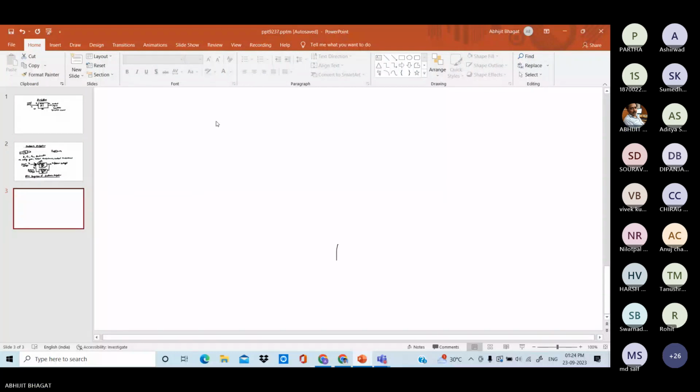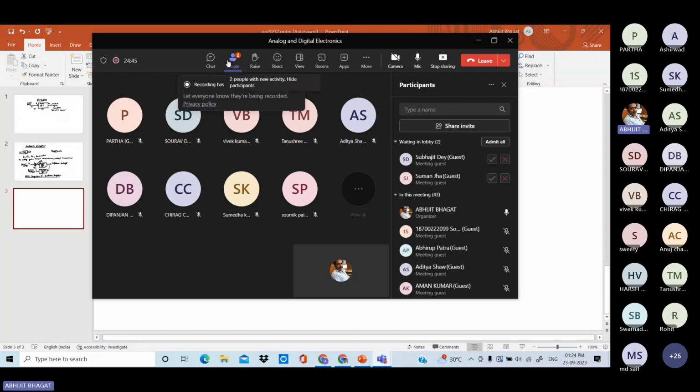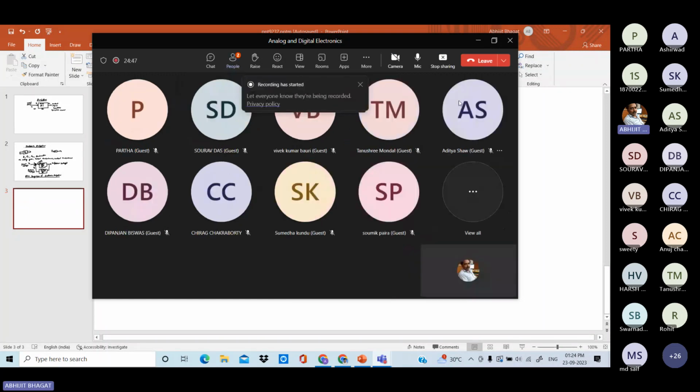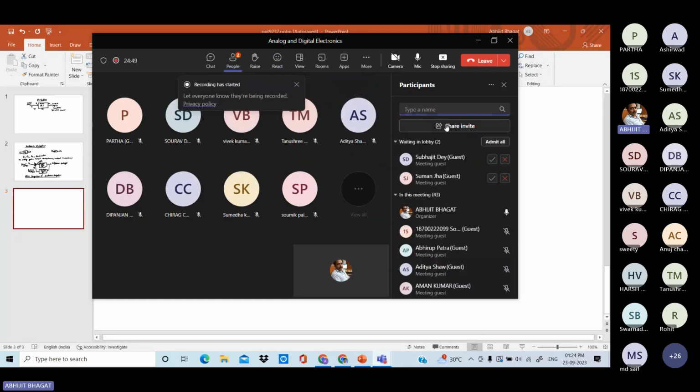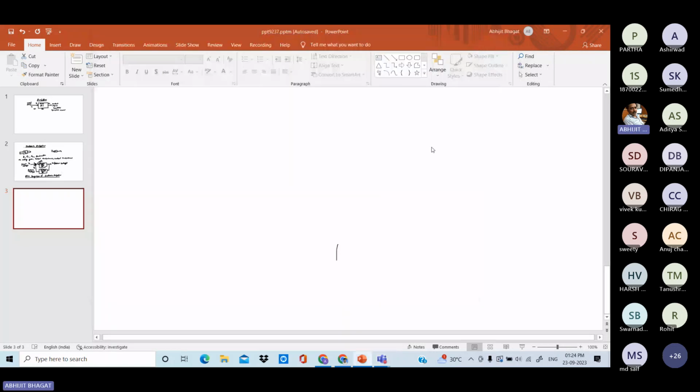So that last is the block diagram of the feedback amplifier. Next is the types of feedback amplifier.